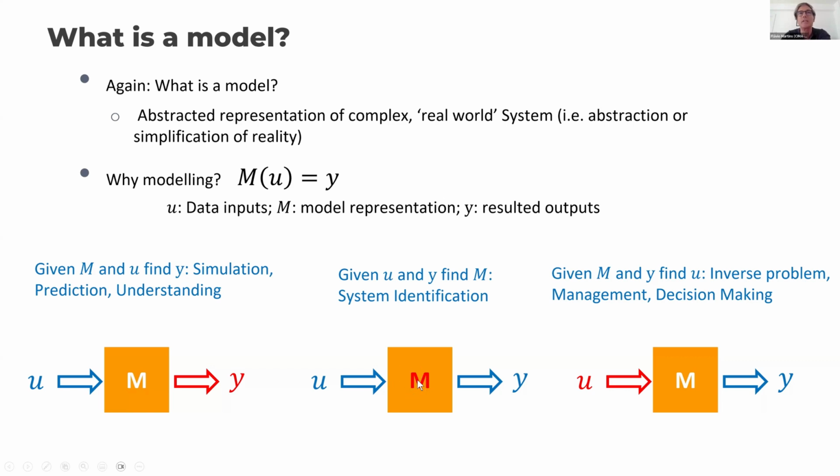But if you start talking about artificial intelligence and data-driven models, this is one of the most important steps in creating a data-driven model, because you have input data and output data of the test samples.